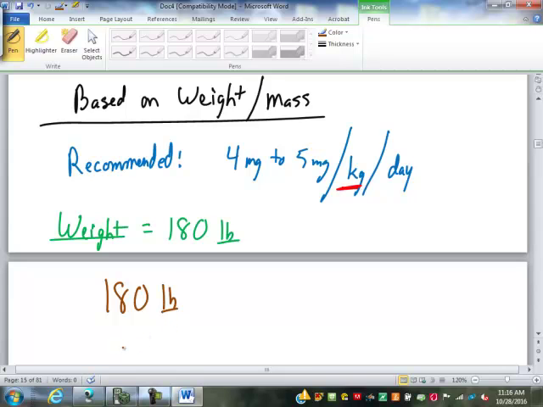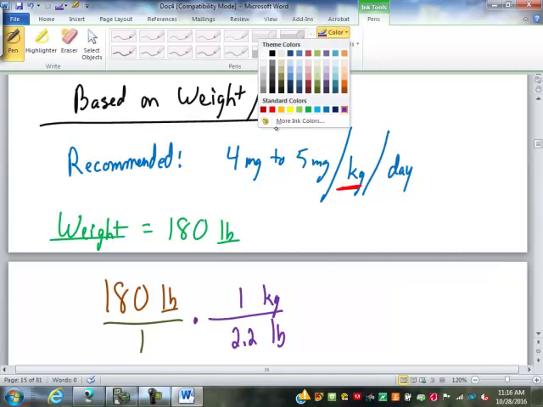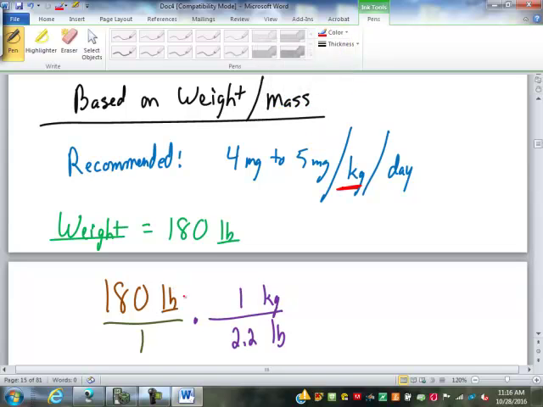Now, we do this often enough, I don't want to have to set up the dimensional analysis all the time. We're going to do it once here, and then we're going to use that to establish a pattern. So we put 180 pounds over 1. And in our conversion factor, pounds will go on bottom, kilograms on top. Does anybody remember the relationship between kilograms and pounds? 1 kilogram is 2.2 pounds. So the pounds cancel out.